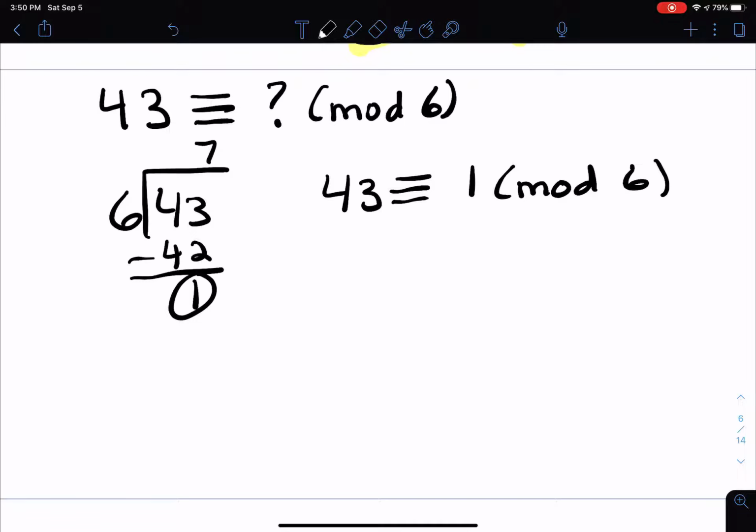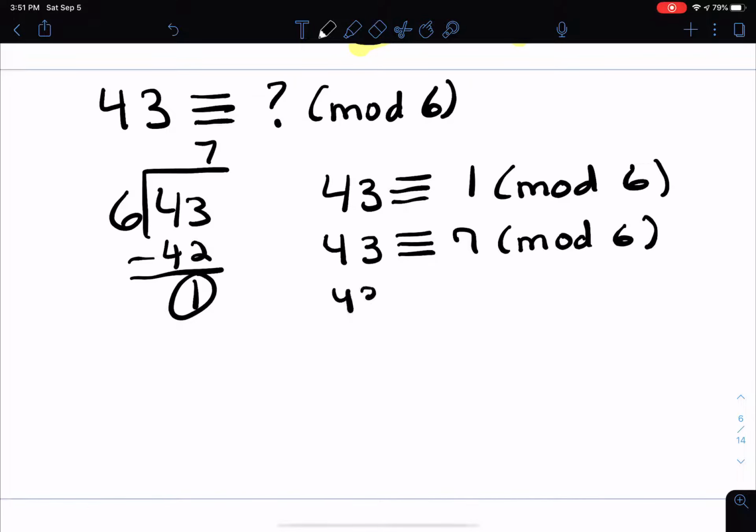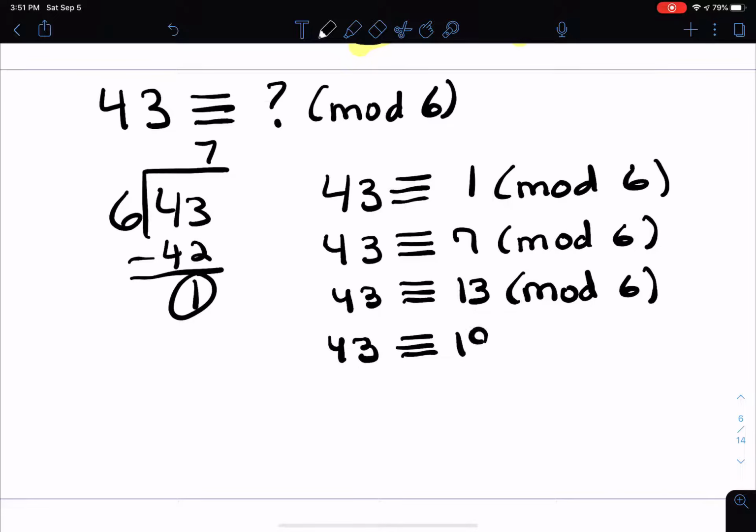All right, so if you paused it, I'm wondering if you came up with the same ones I did. There's a lot of them. There's all kinds of different correct answers. There's like infinite numbers that'll work, honestly. But my first ones that I think of are 7, 13, 19, there's many, many more.